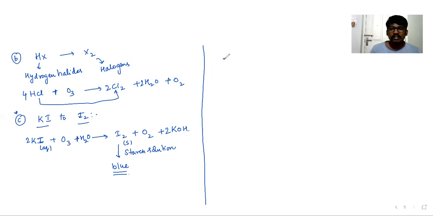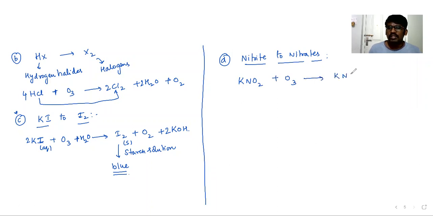And next, nitrite. Nitrite to nitrate. Nitrite can be changed to nitrate. In this reaction, KNO2, potassium nitrite, treated with ozone gives KNO3 plus O2.